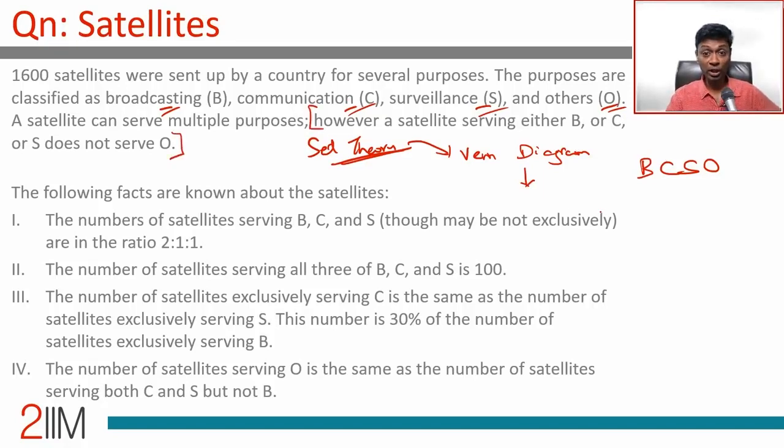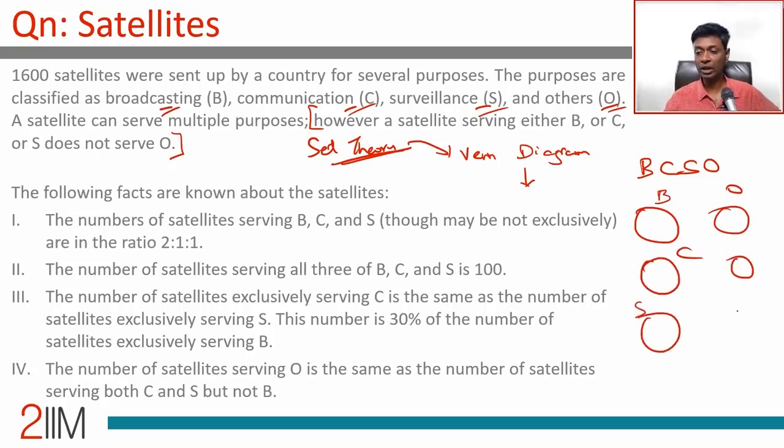You've got to start with that Venn diagram. Otherwise, we are in jail. There is no overlap between B and O. There's no overlap between C and O. There's no overlap between S and O. Or think about this, the diagram should have B, C, S in some form and O separate. Brilliant, that's very important.